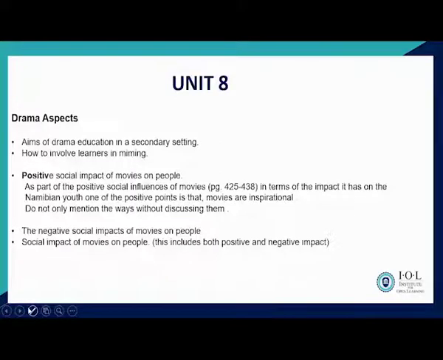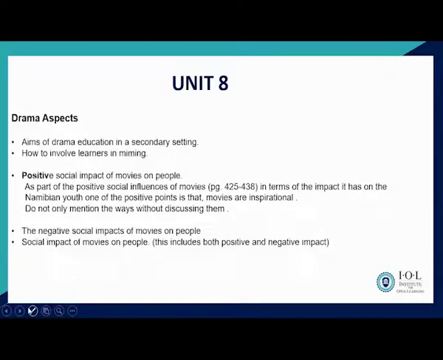Then you go to the positive social impact of movies on people. This will be a mouthful. As part of positive social influences of movies, on page 425 and many other pages, in terms of the impact it has, I'm going to read it again.